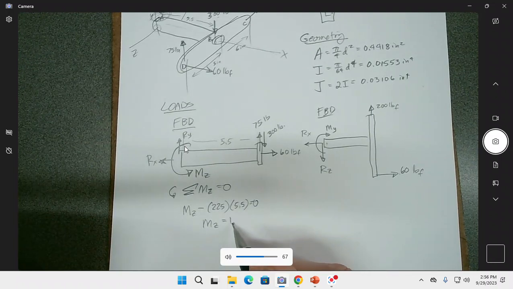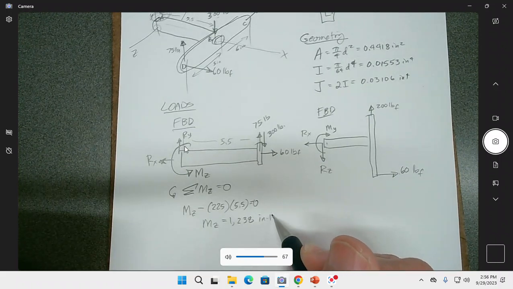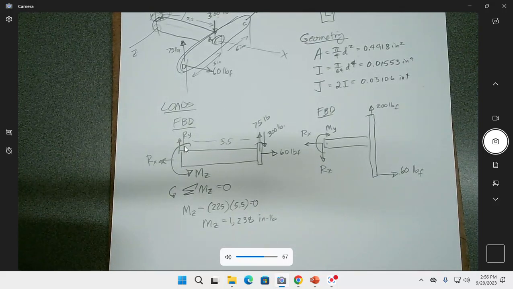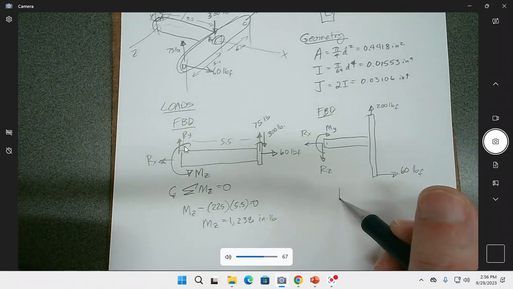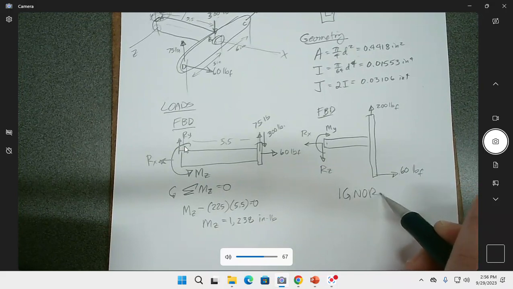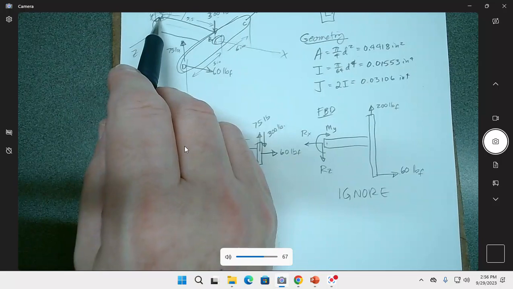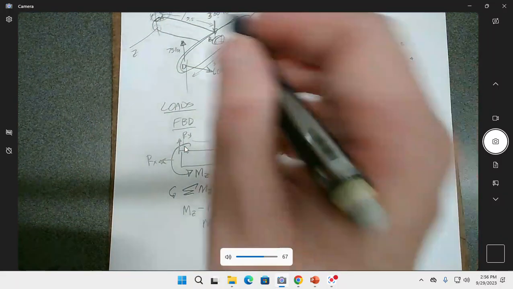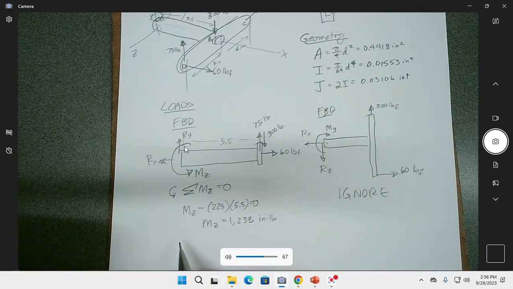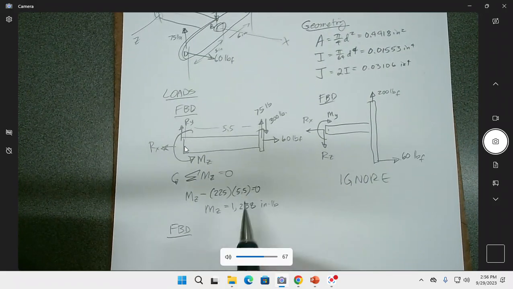So we're going to get 1,238 inch-pounds. I'm going to ignore, because, again, this does not create a stress at the top, which I decided to do instead of doing the maximum.